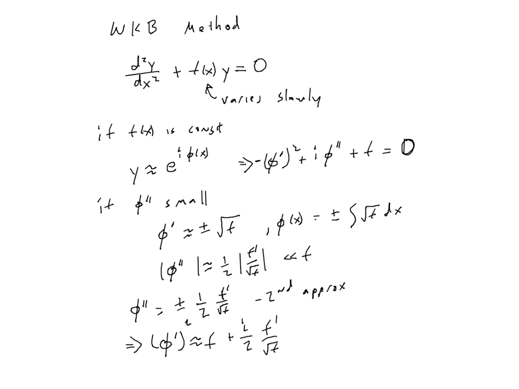And that just comes from this equation again. And then that means that phi prime is approximately equal to plus or minus square root of f plus i over 4 f prime over f.